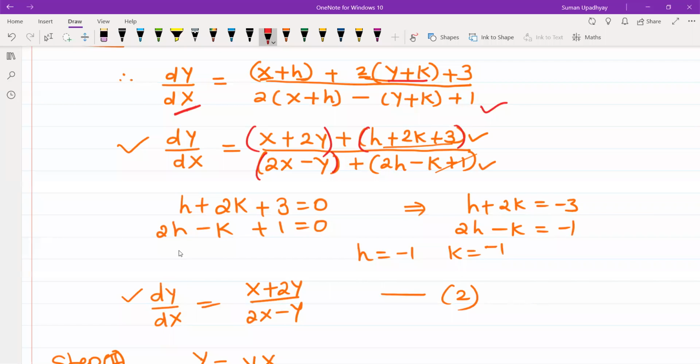I collected all the variables together, means 2x and this minus y, and I will take all the constant terms together. So this is our constant term. Still it has not got converted to homogeneous, because in homogeneous we don't want these constant terms to be there.